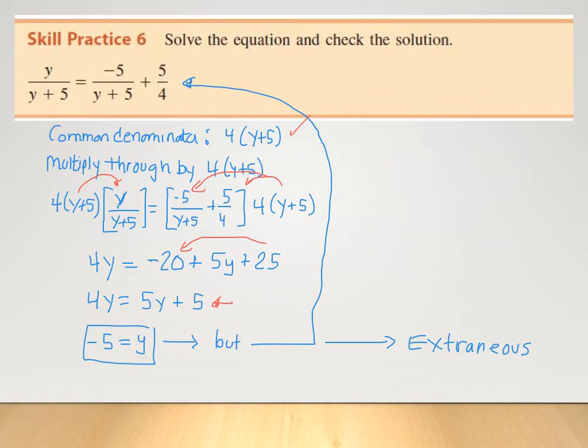If we plug it back into the equation, a negative 5 in the bottom of a denominator, we end up dividing by 0. So we don't have a solution. There's no solution here. Why? Because it's extraneous. We can't do it because a negative 5 will not work in the denominator.